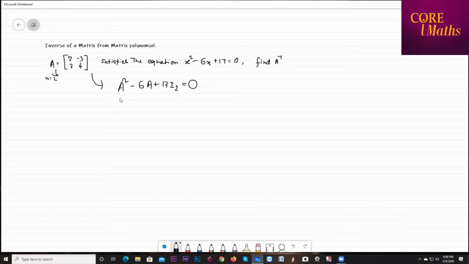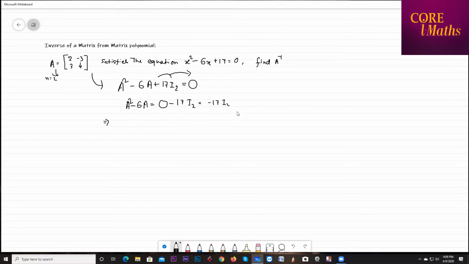So first, A square minus 6A will be on that side, so 0 matrix or null matrix, minus 17 I2, which is nothing but minus 17 I2, right?